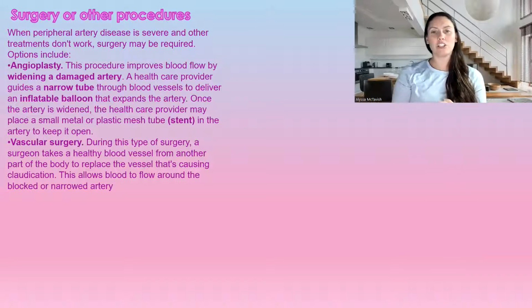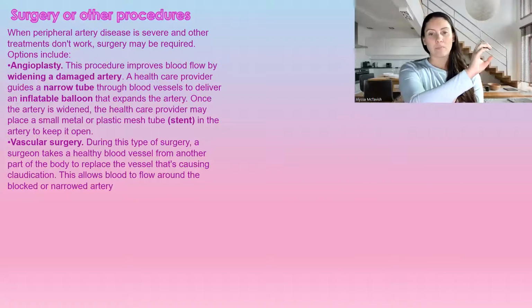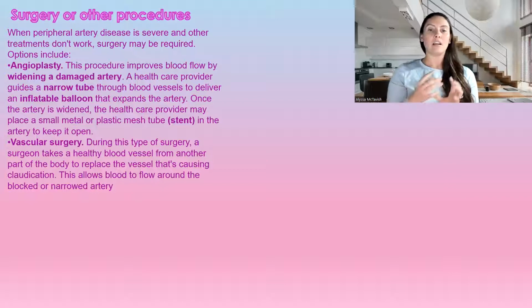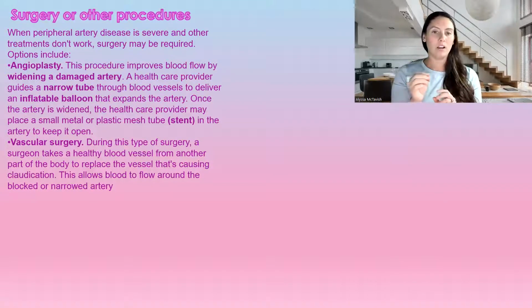Then there is vascular surgery. This is where they take a blood vessel from a healthy part of the body and put it to the area that is causing claudication. This allows blood to flow around the blocked or narrow artery. Okay, so those are 2 surgical options.